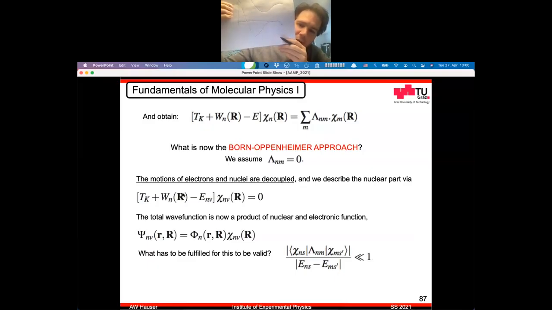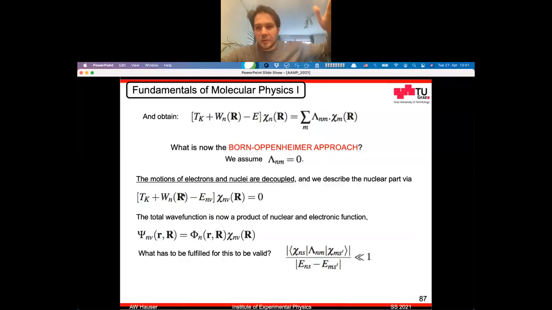You have a potential energy surface in one dimension, and you're looking for solutions in this potential, right? So you're just solving a one-dimensional Schrödinger equation.